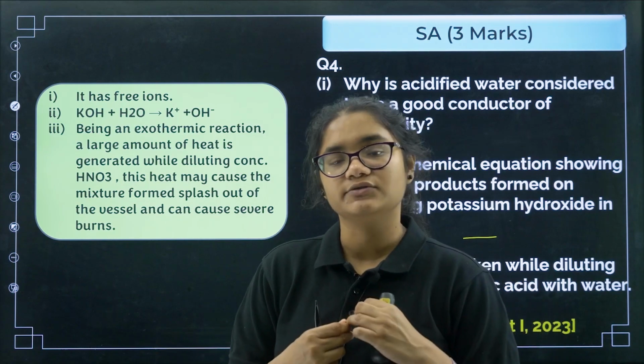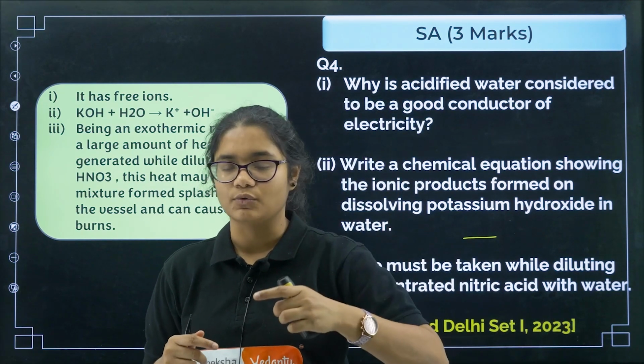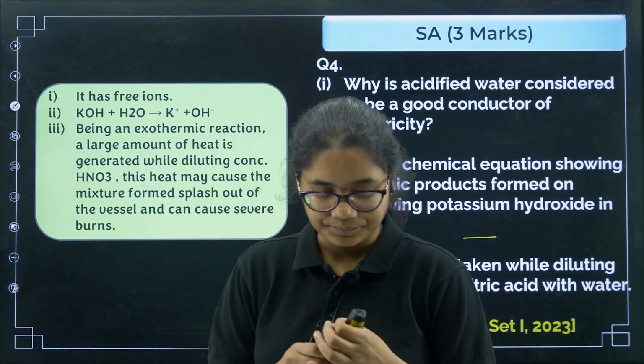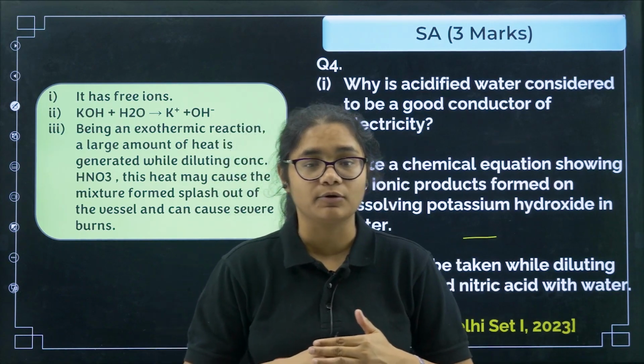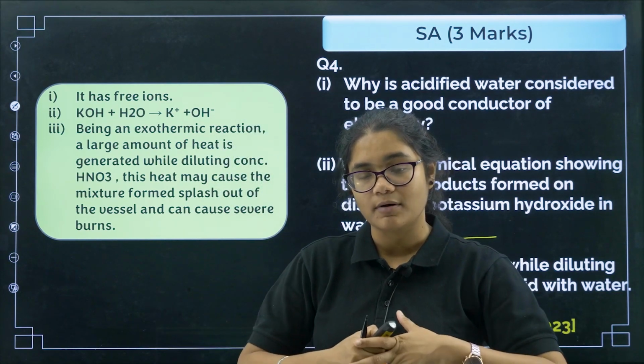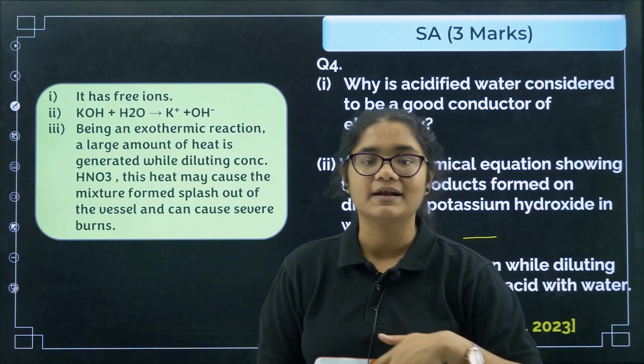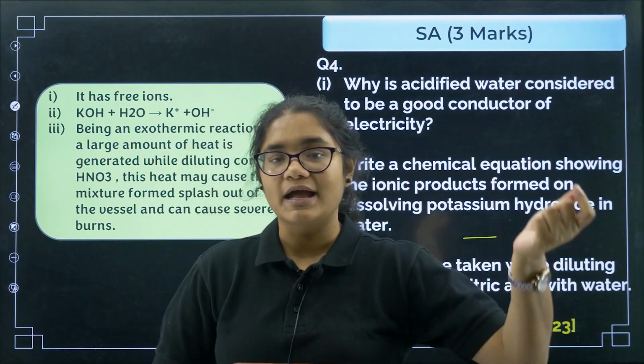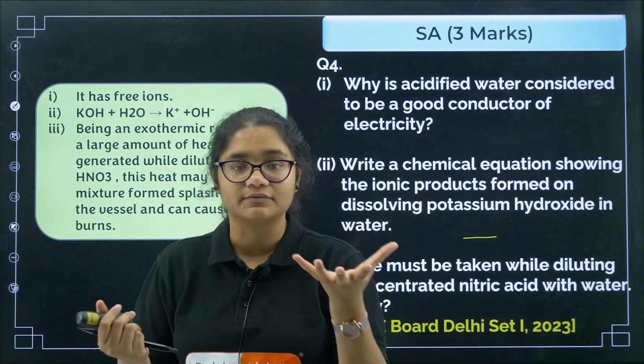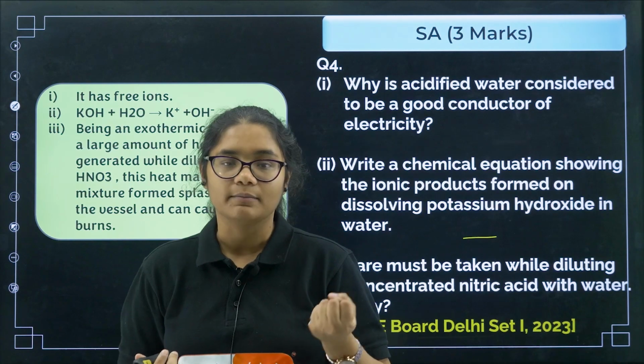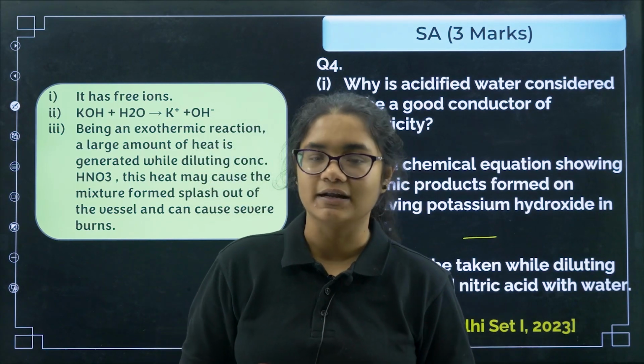So that is why it is always advisable to add acid to water. If you do the reverse, all the heat that is released can lead to explosion. But if you add acid to water, the heat released will be absorbed by water, because water has high specific heat capacity.